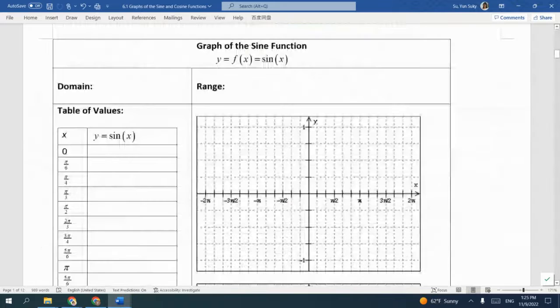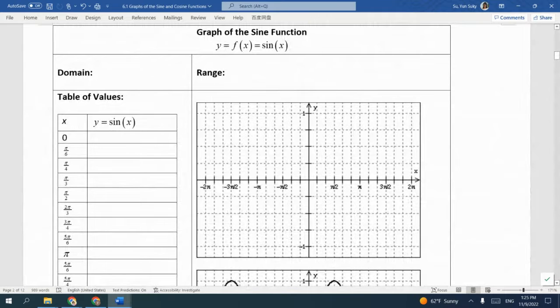If the variable is x instead of theta, and x equals pi over 6, what's sine pi over 6? Look at your common angle values. That is 1/2. Right, everybody?